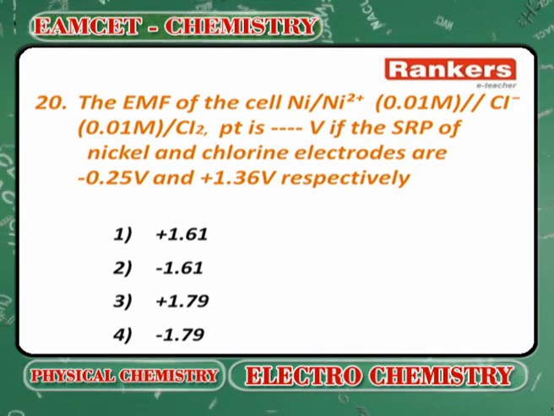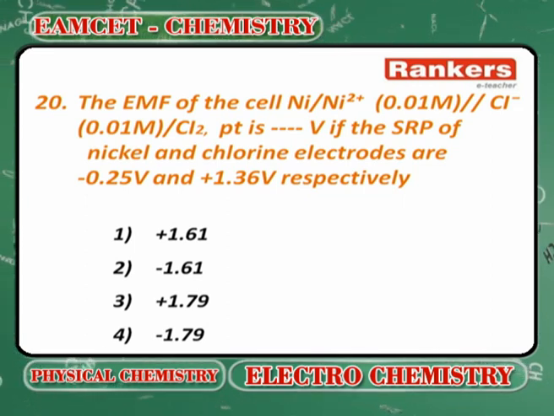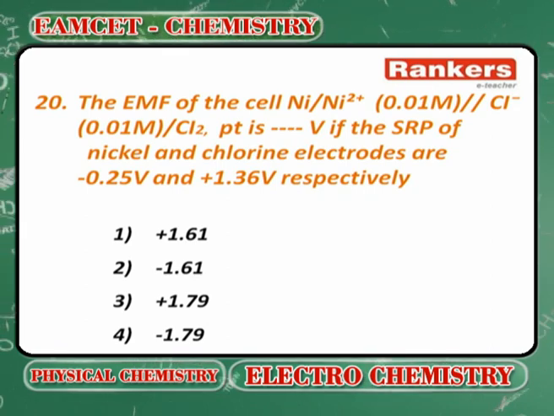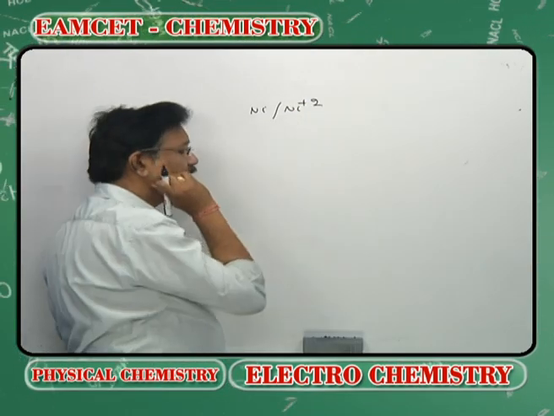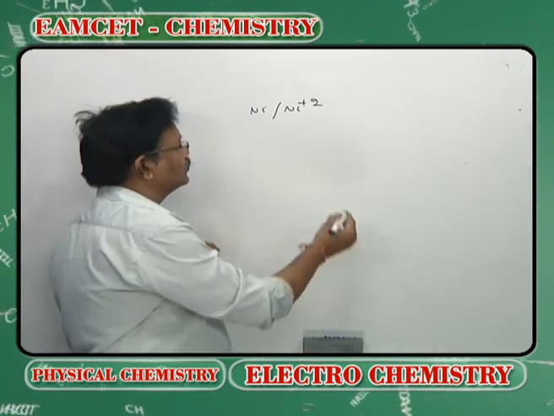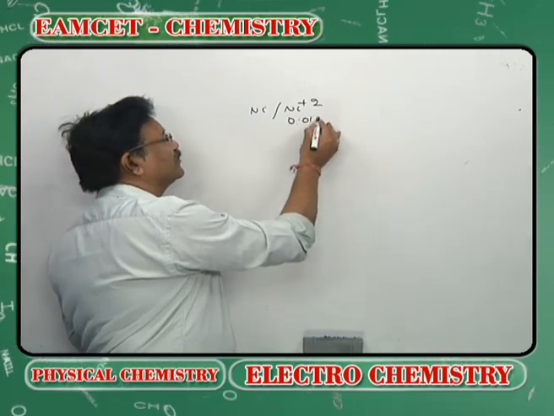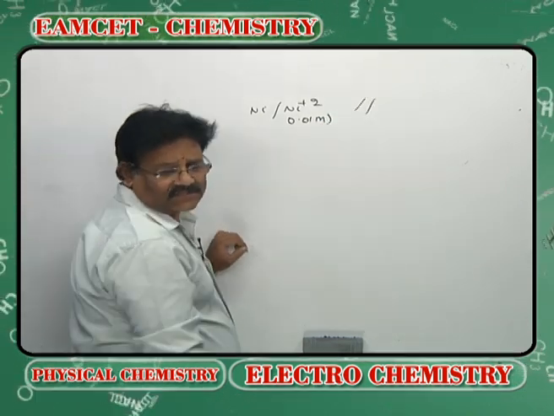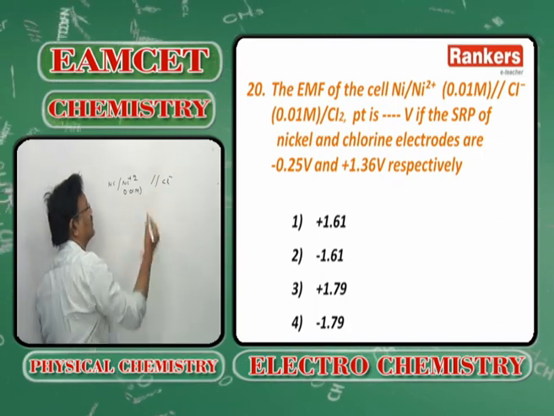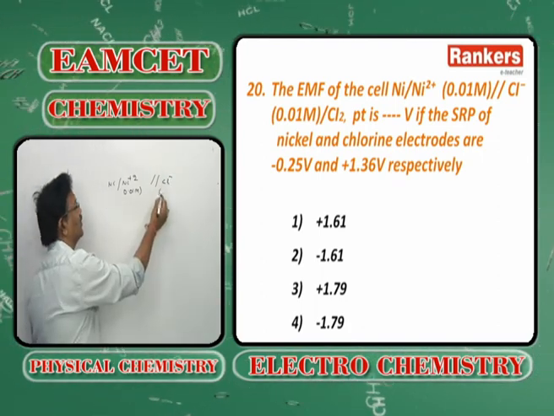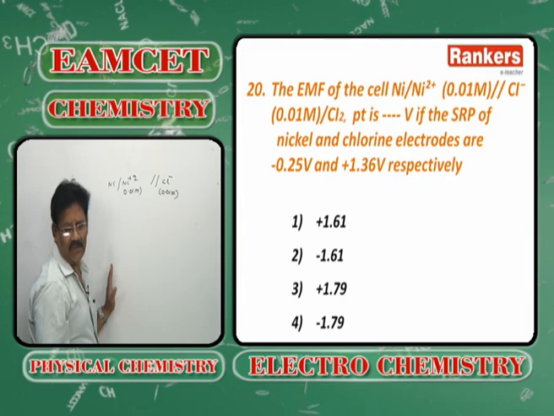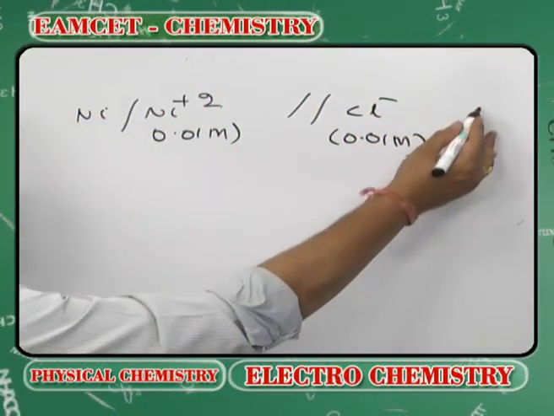Now, what is the cell notation here? Nickel, nickel plus 2, 0.01 M, and Cl minus, 0.01 M, Cl2.